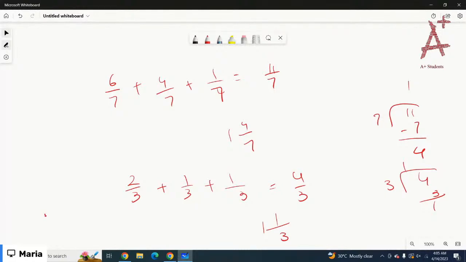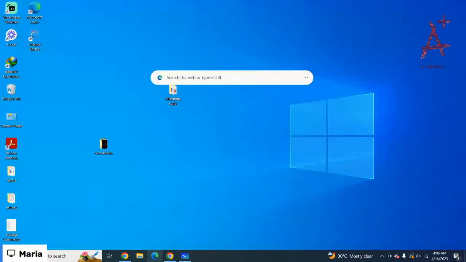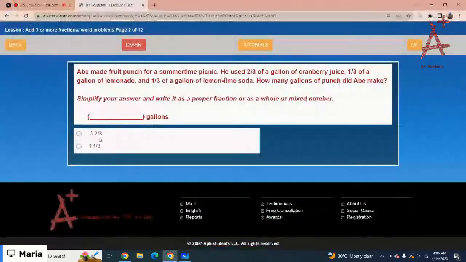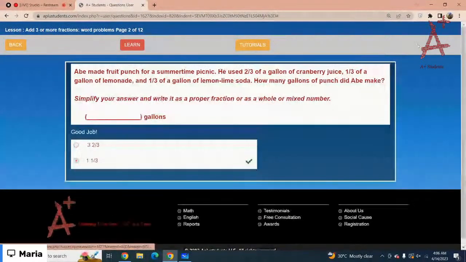Got it? So the correct option is 1 whole 1/3. So the second option is the correct one.